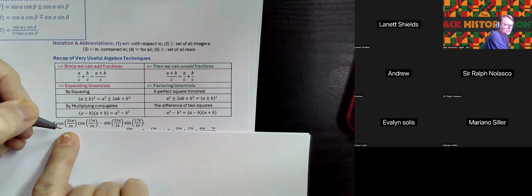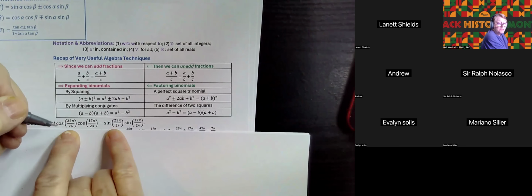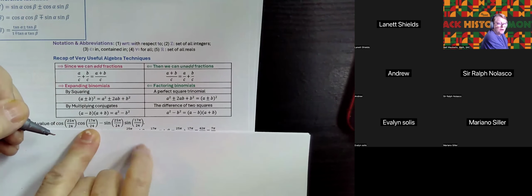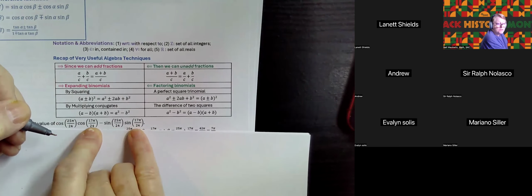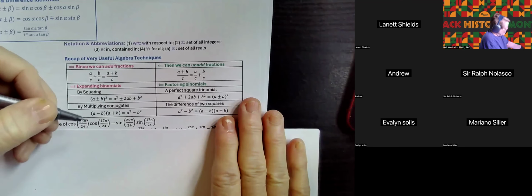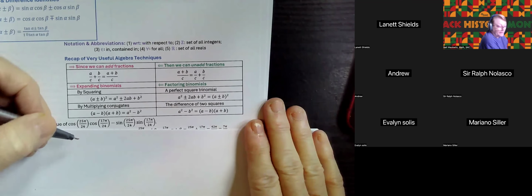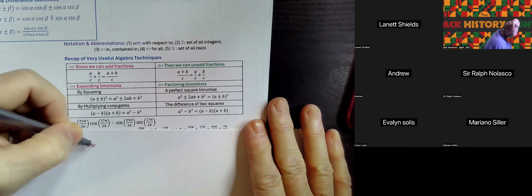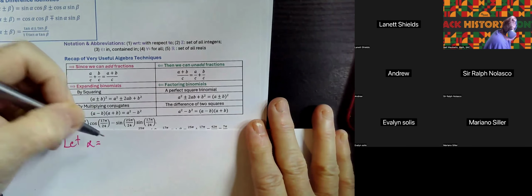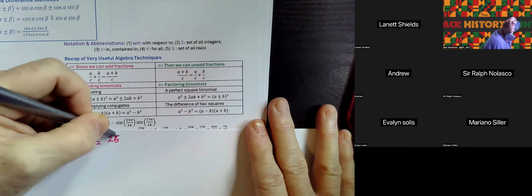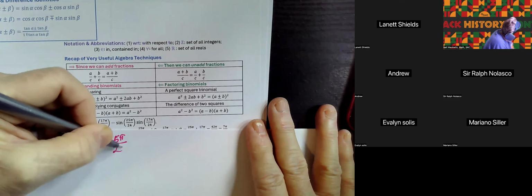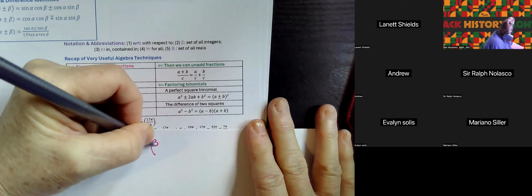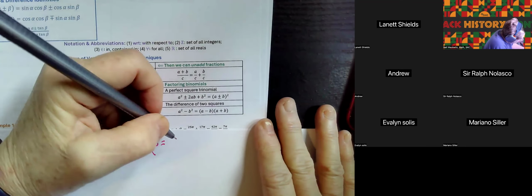This 25 pi over 24 appears twice. 17 pi over 24 appears twice. So we're just going to pretend that we're complete idiots. We're going to let alpha be 25 pi over 24, and beta be 17 pi over 24.